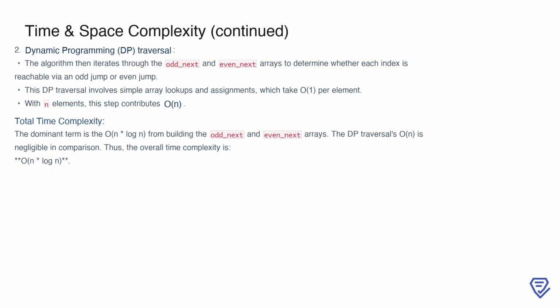When combining this with the earlier step of building the sorted dict, the n*log n term dominates the total time complexity, making the overall time complexity of the optimized solution n*log n. The contribution from the dynamic programming step is negligible in comparison to the sorting and binary search operations.